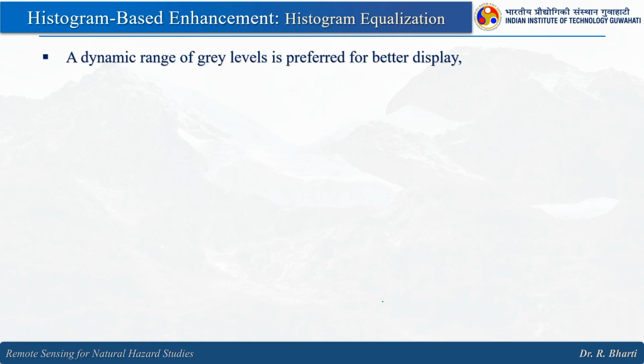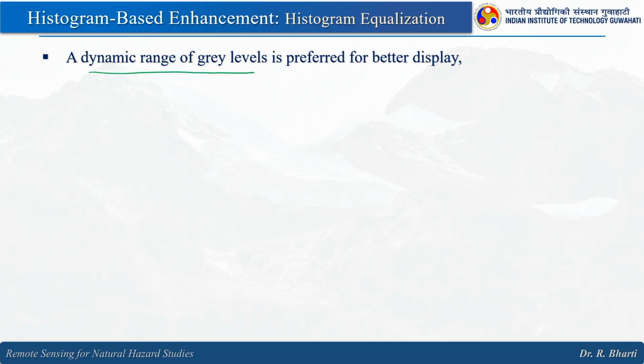So, let us talk about histogram equalization. A dynamic gray range of levels is preferred for better display. What does it mean? Suppose this is the histogram and let us say this is 8-bit data. So, the range is 0 to 255. This is frequency.